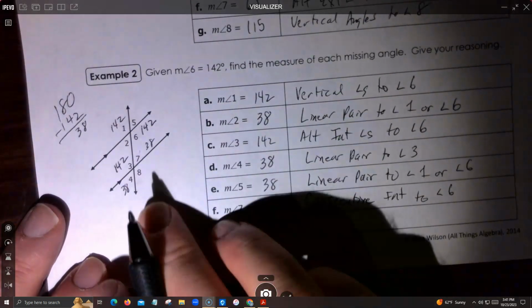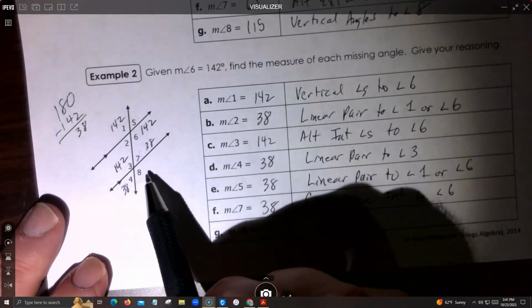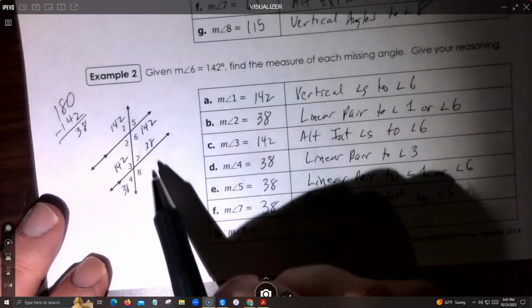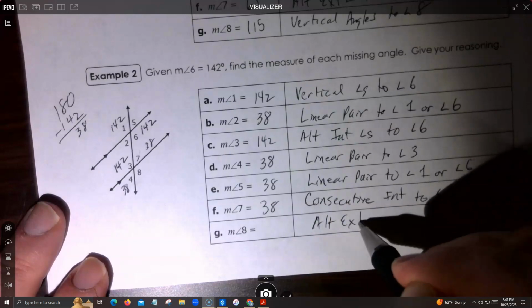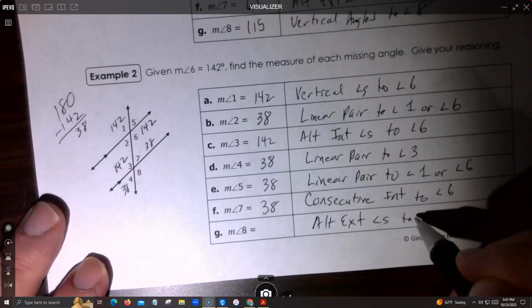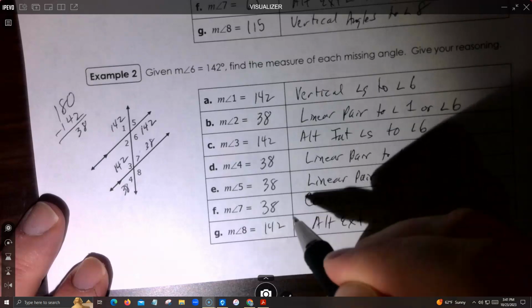Okay, last one, number 8. Other than linear pair, I could go vertical angles, or I'm going to do something different. I'm going to do alternate exterior angles to angle 1. And again, that's 142.